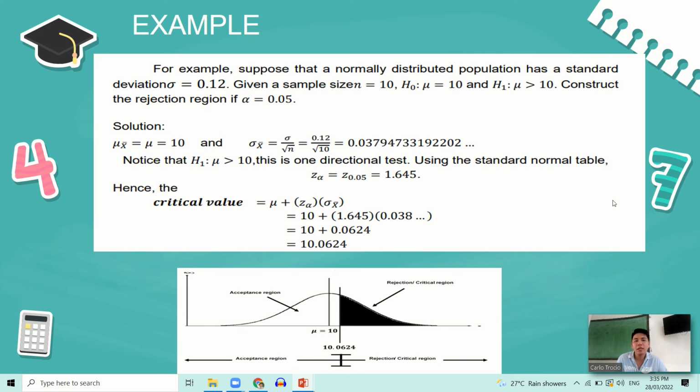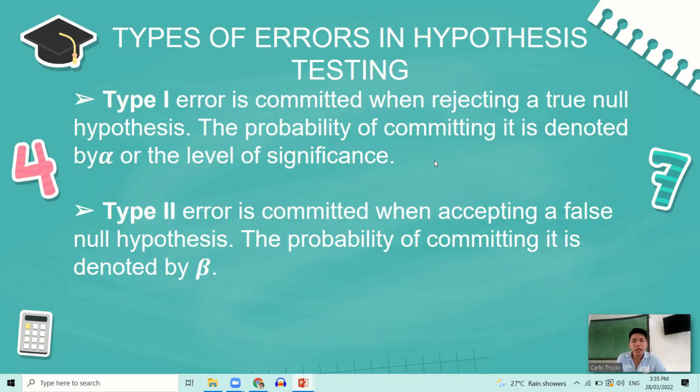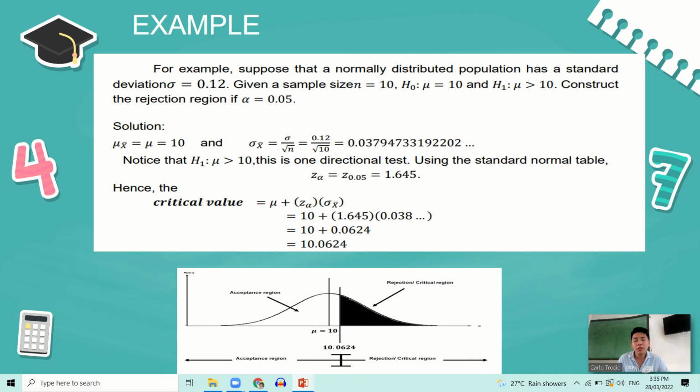Using the standard normal table, the Z table, the one that I presented to you earlier, you know how to use it. We're going to find first the 0.05. Where can you find 0.05?